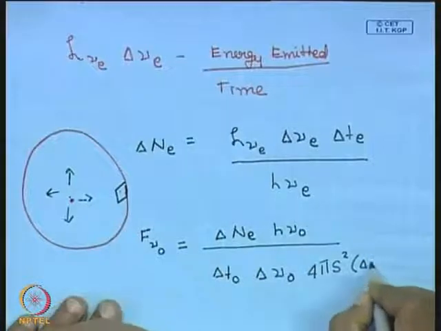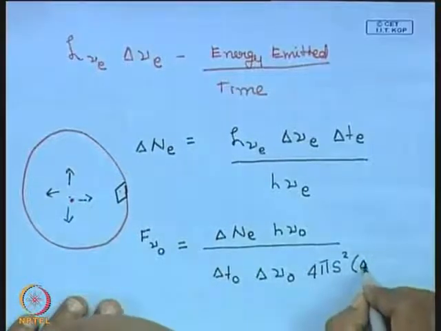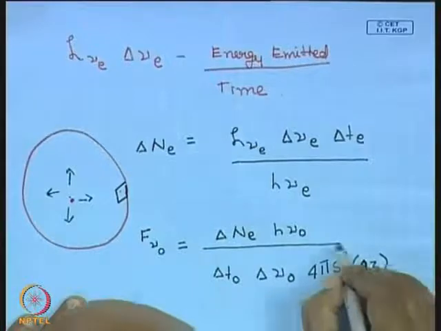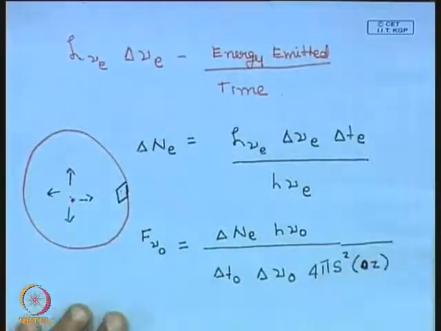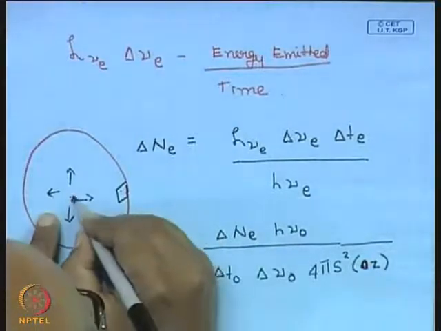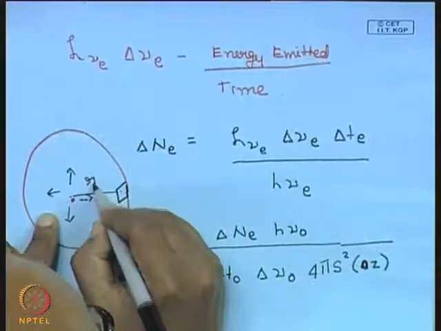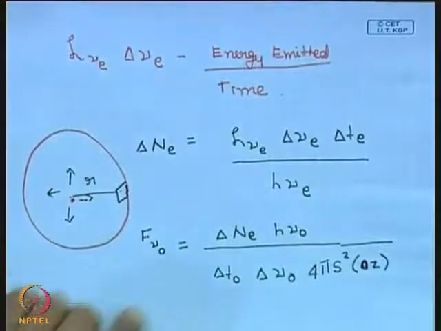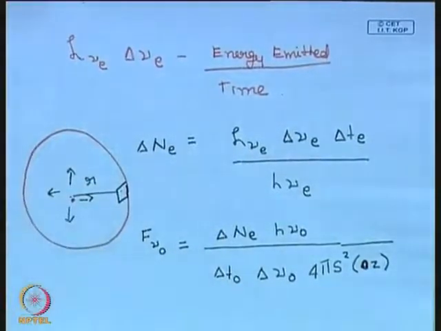It is not going to be c delta t, it is going to be 4 pi s squared. That is how you calculate area in cosmology. The distance from here to here is r, so the area is 4 pi s squared, not 4 pi r squared.